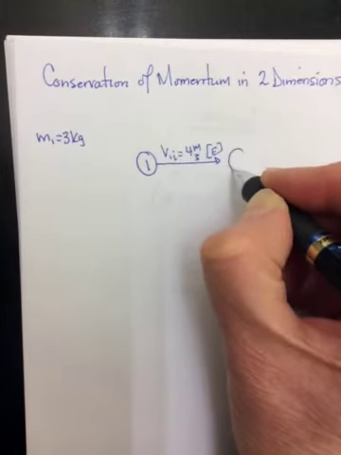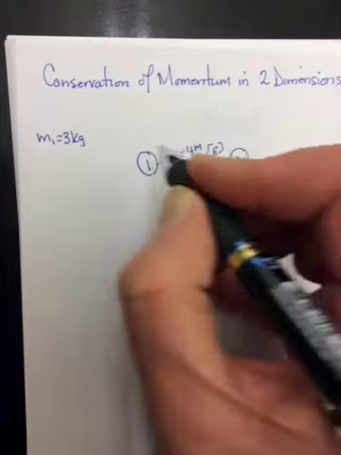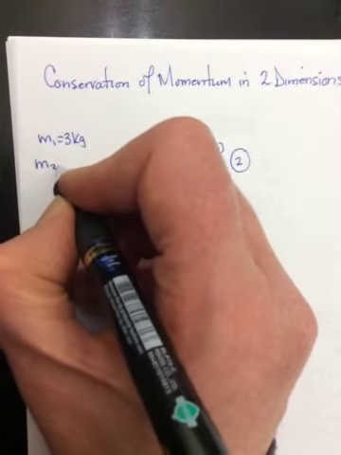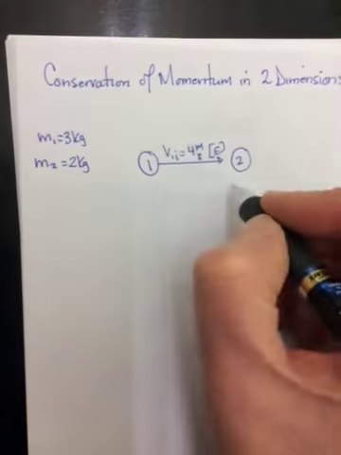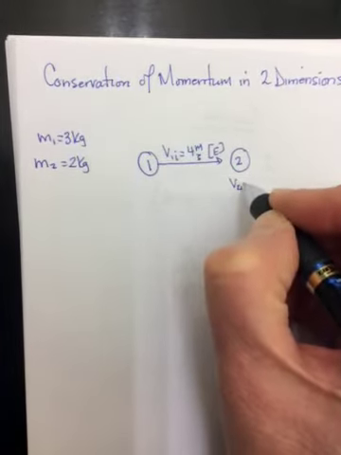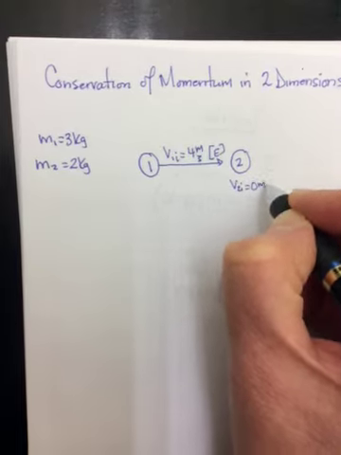Okay, and it smucks into our ball number 2, and our ball number 2 this time is a little bit smaller. It's 2 kilograms. Okay, but it's still initially at rest, so V2 initial is 0.